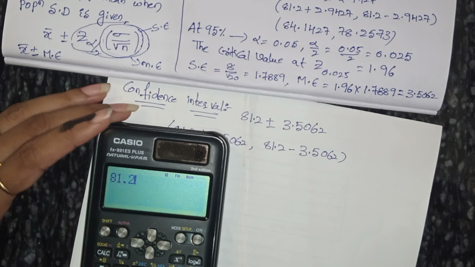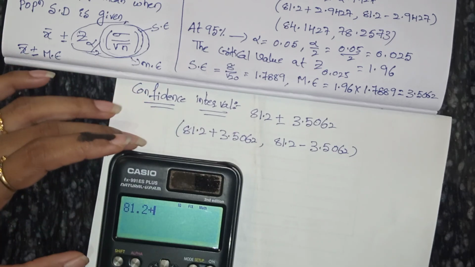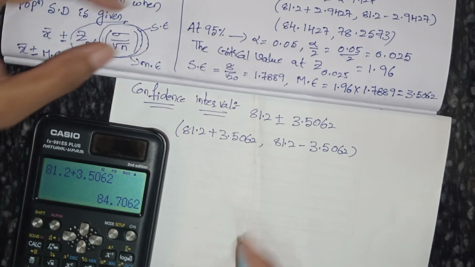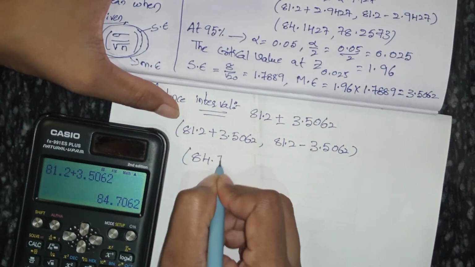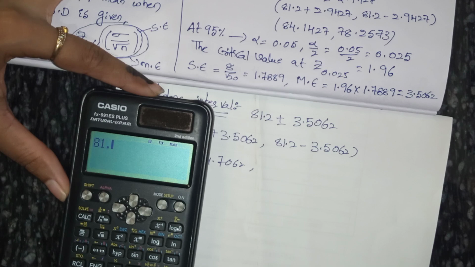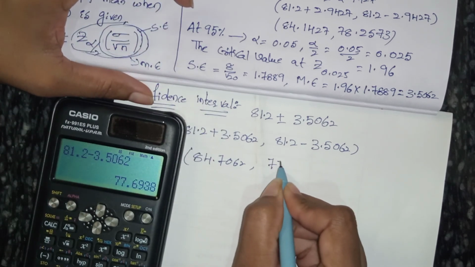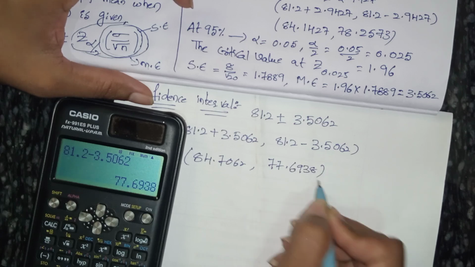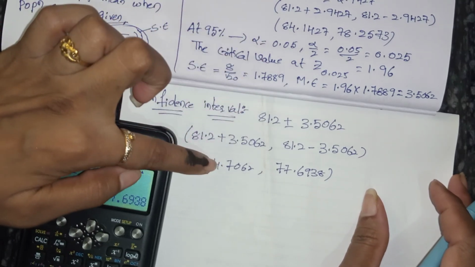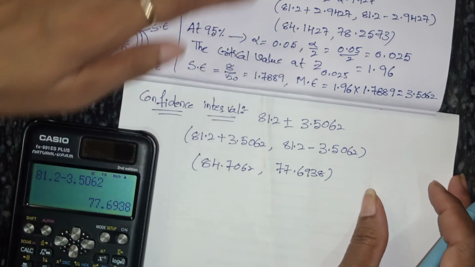So 81.2 plus 3.5062 equals to 84.7062 comma 81.2 minus 3.5062. How much? 77.6938.